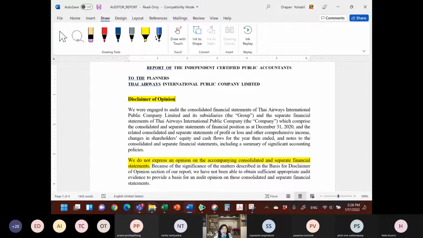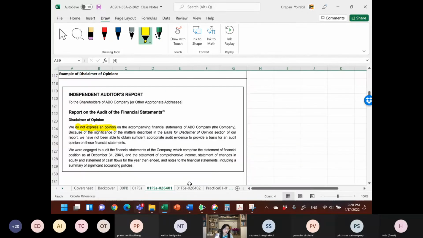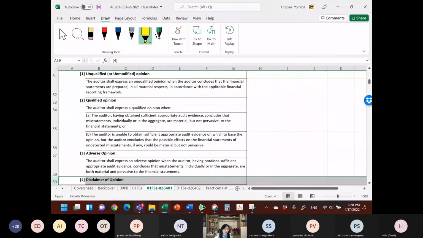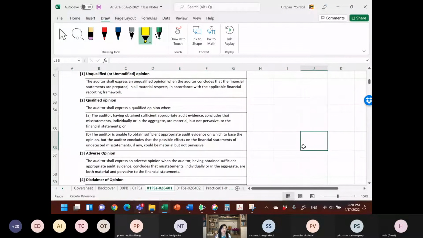All right, so any questions here? So now there are 4 different types of opinion. I hope that you understand them all roughly. Unqualified, qualified, adverse, disclaim. Any questions here?